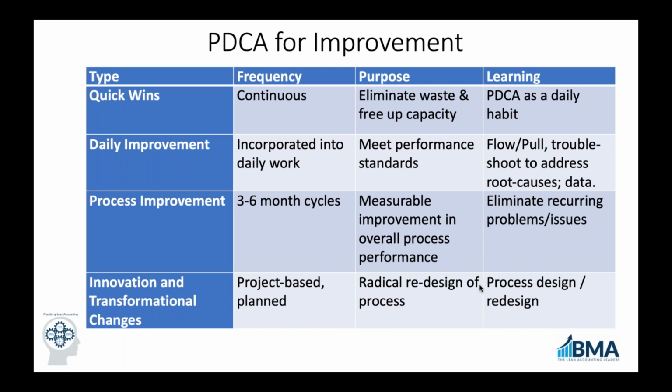Once the team gets lean thinking and they understand waste, there's typically a level of excitement. Okay, we want to start improving. But not all problems and issues are equal, so it's good to have some level of a framework, because we don't want our improvements to be random.